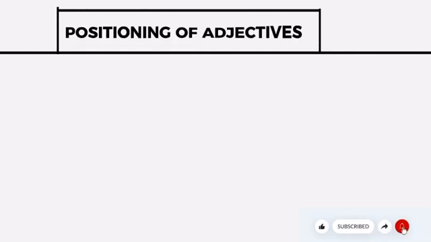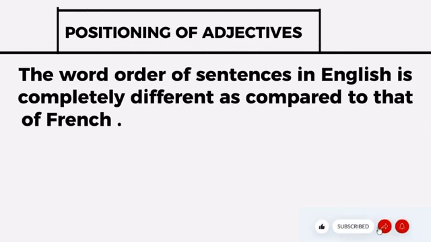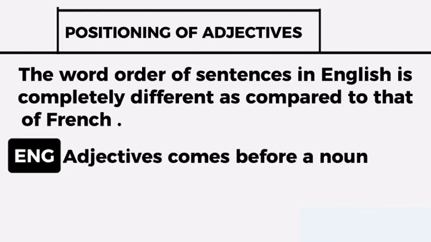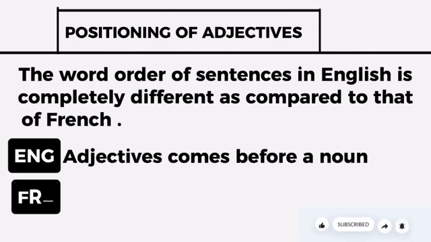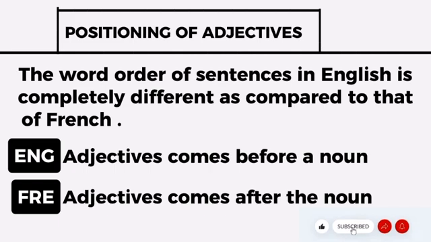Now, another mistake you might be making but you do not know is positioning of adjectives. You see, the word order of sentences in English is so different from the word order of sentences in French. In English, the adjective comes before the noun, but in French, the adjective comes after the noun.